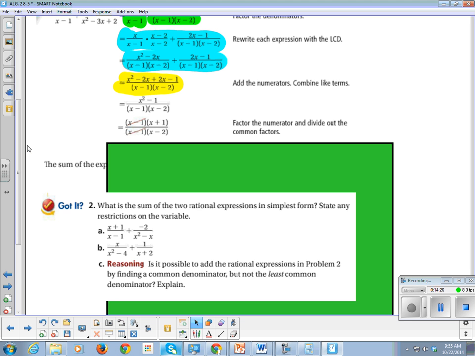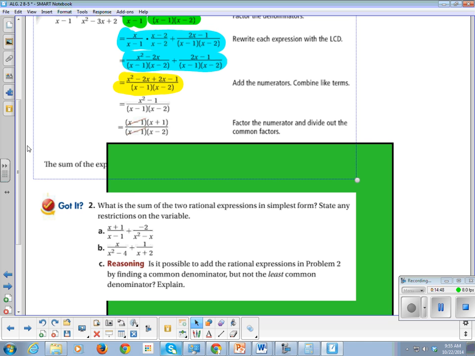Now, the 2x cancel, and I get x squared minus 1, and my common denominator is x minus 1 over x minus 2. Then I factor x squared minus 1, x minus 1 times x plus 1, and you see your x minus 1s cancel.